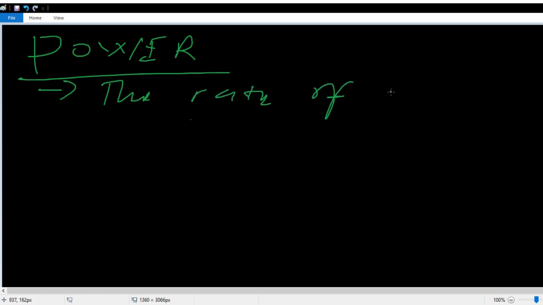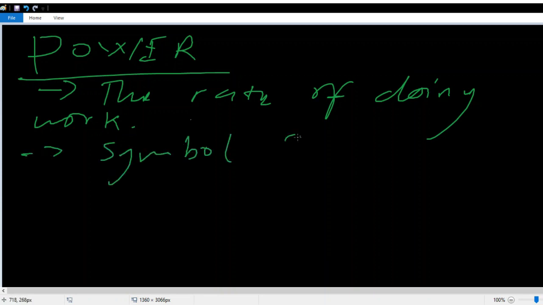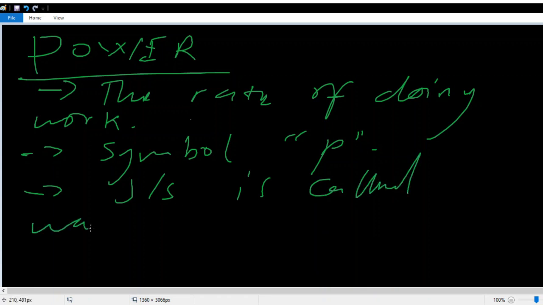The symbol that we use is P. The SI unit of power can either be joules per second, which is also called watts. So that's the definition, the symbol, and the SI units of power.